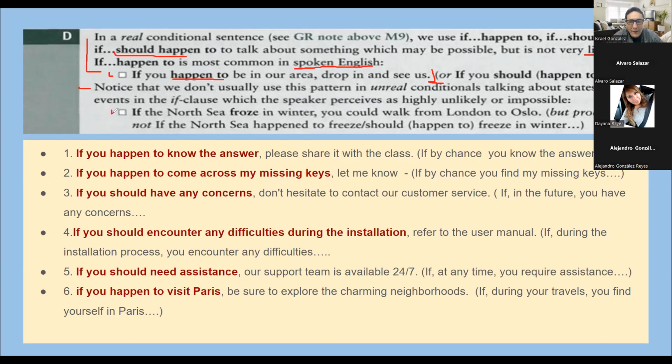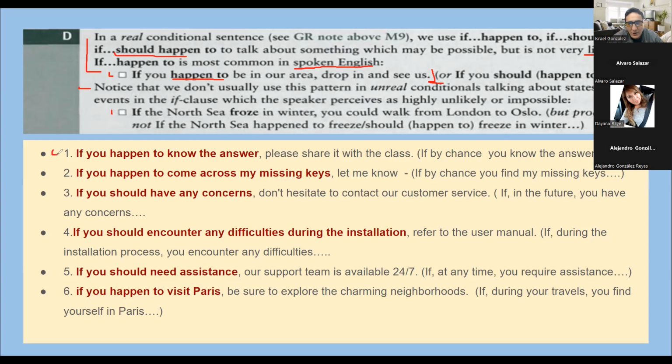Example: if the North Sea froze in winter, you could walk from London to Oslo, but probably not if the North Sea happened to freeze. So if you think it is very, very unlikely to happen, you don't use it. But if you think it is likely or not, but still possible, you can use these examples.